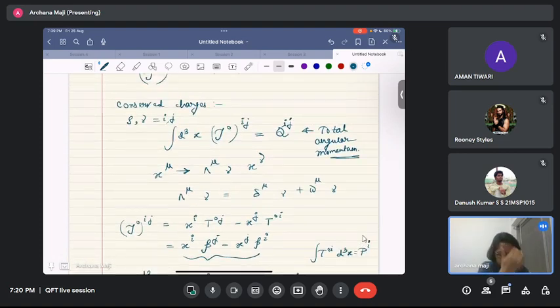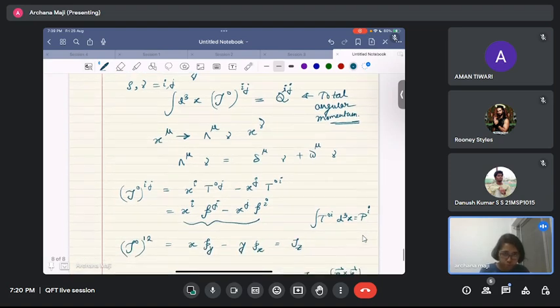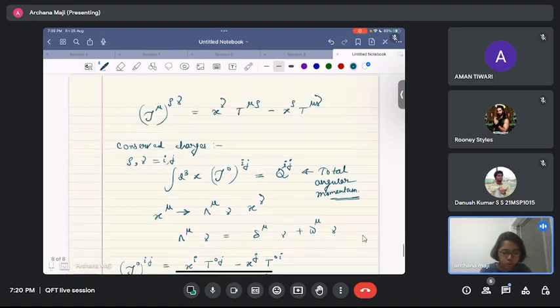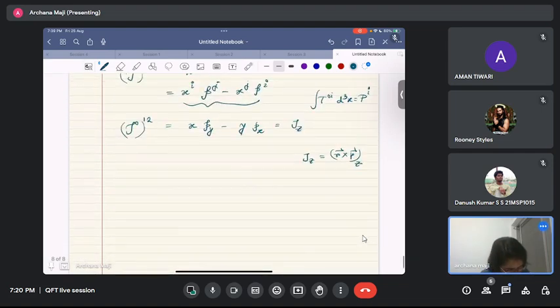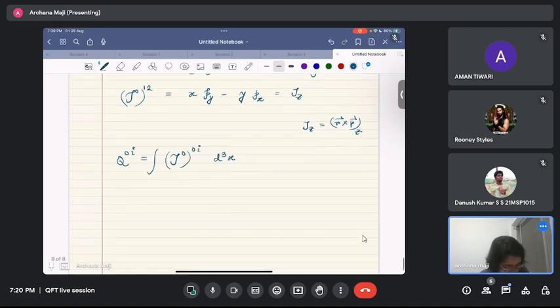Now in order to get the charge corresponding to the boosts, you need to consider rho to be 0 and nu to be i. So let's write that down. Q0i will be equal to the integral of d3x J00i. This is equal to d3x of x0 T0i minus xi T00.